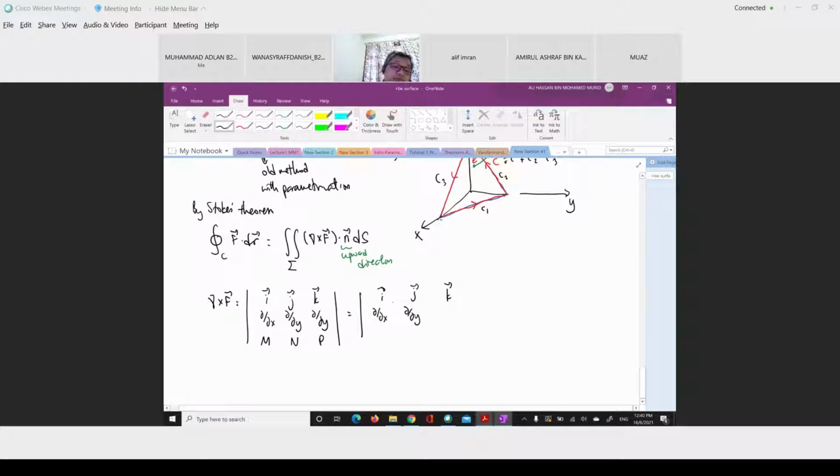I'm sorry, this should be partial z. So M here is 2x minus yz. N is minus y squared z cubed. And P is minus y cubed z squared.